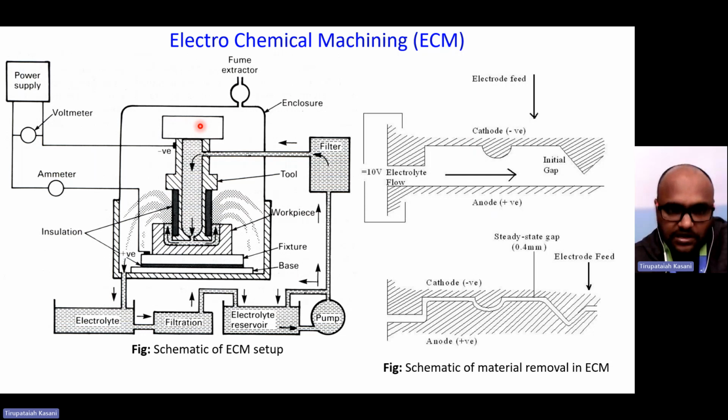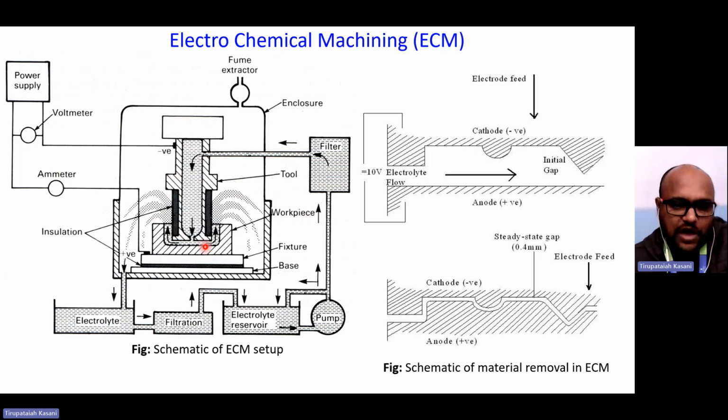Here, what are the process parameters? The feed motion, the concentration of the electrolyte, the type of workpiece that you are using, and the amount of energy, that is the power supply given to the tool and the workpiece. For the electrolytic action, are you adding any additives as a catalyst to increase the rate of reaction?